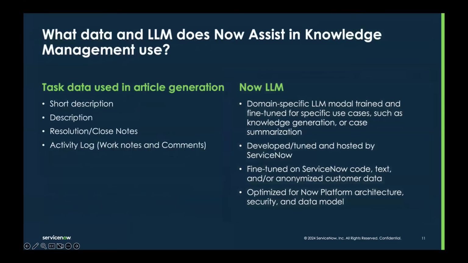To get into some data, we get a lot of these questions already from different customers and different account teams. So I want to show you the data that we're targeting for the May release. So for version 1, we are gathering context from fields such as short description, resolution or close notes, and then of course our journal fields, so our work notes and our additional comments.